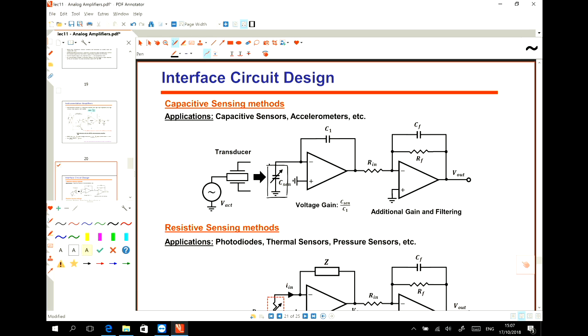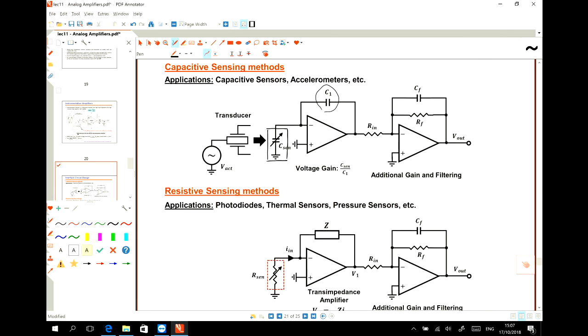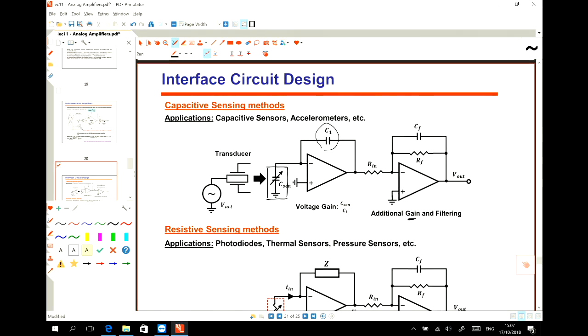We connect this capacitive load to the input of this op amp, and then we use another capacitor to set the gain, and this is the filter. This is the first order filter that we had, and we can also get a gain out of it. The application for this is accelerometers, since accelerometer outputs are capacitive. If you want to measure that, you can use this circuit.